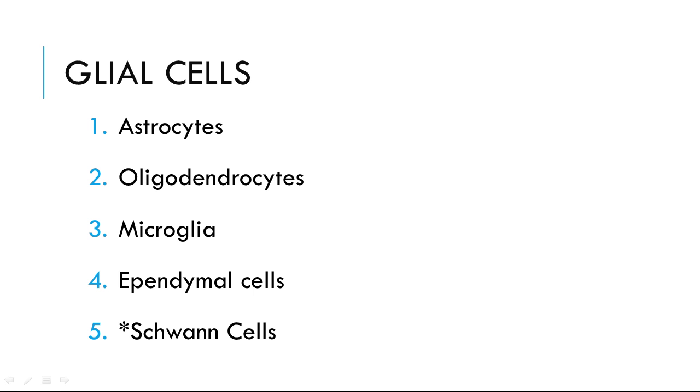The only glial cells of the peripheral nervous system are called Schwann cells. These cells form myelin in your peripheral nerves. Your cranial and your spinal nerves, which are myelinated, have a different type of cell called Schwann cells surrounding them. The Schwann cells form the myelin of the peripheral nervous system.